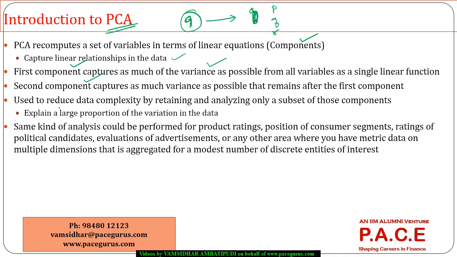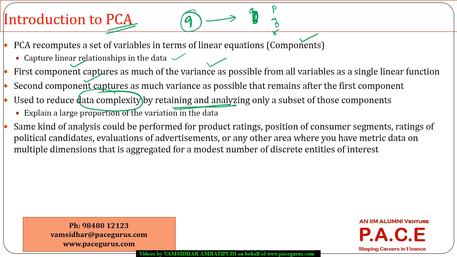The major objective of this entire exercise is to reduce the complexity of the data, retaining more or less the entire variance of the original variables but with a very small subset of the new set of variables.